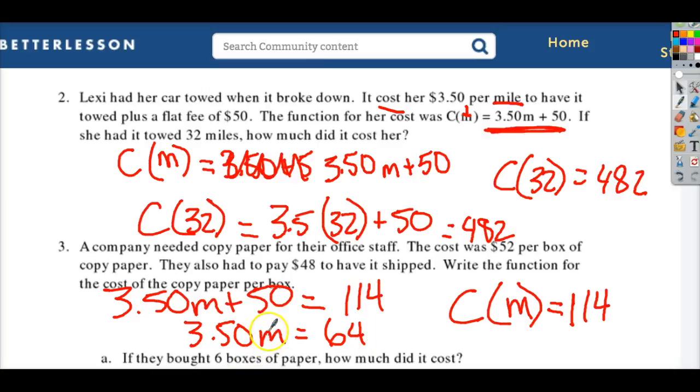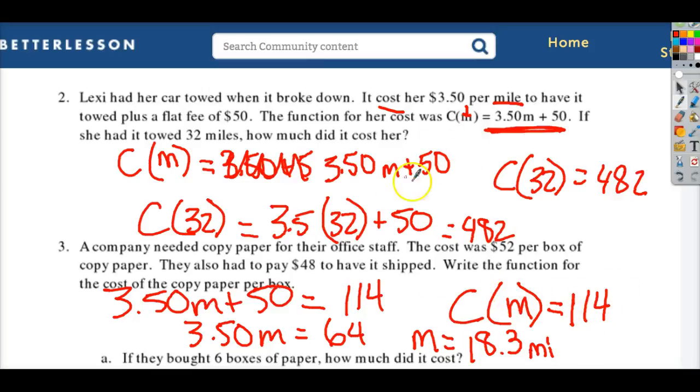And then you can divide by 3.5. So 3.5 is about 18.3 miles. So again, how many miles can you drive with $114?